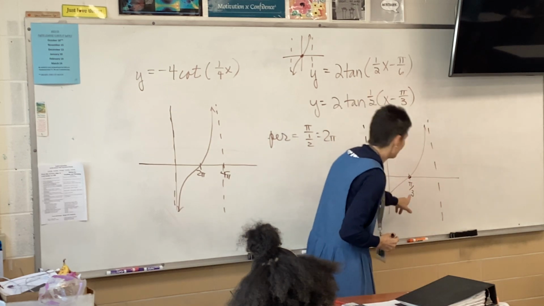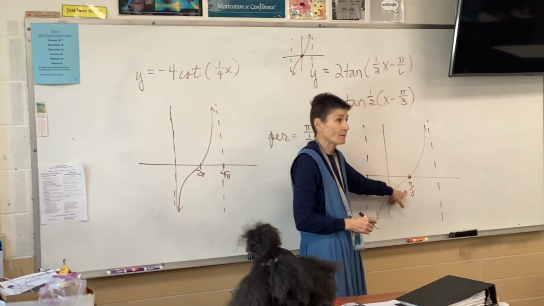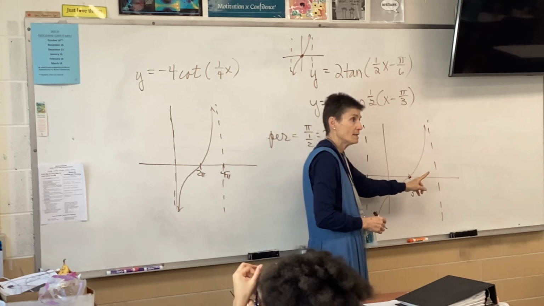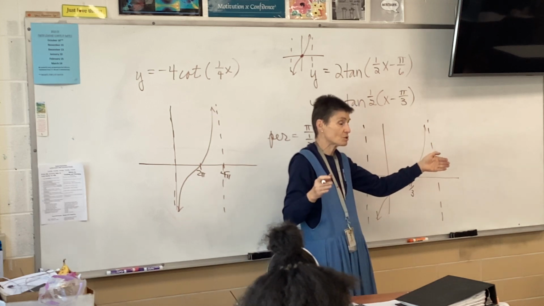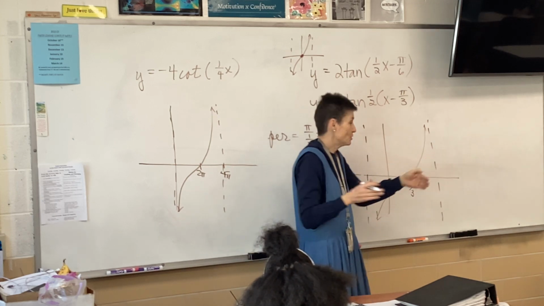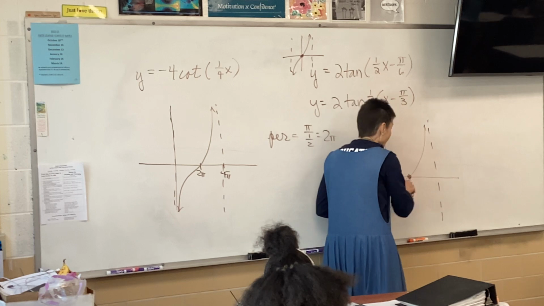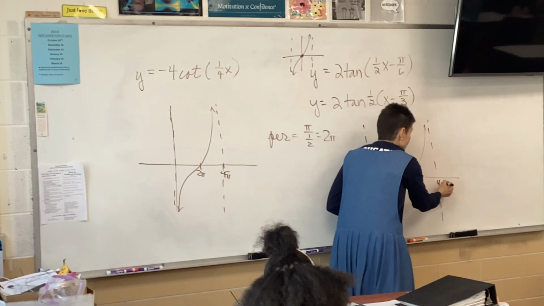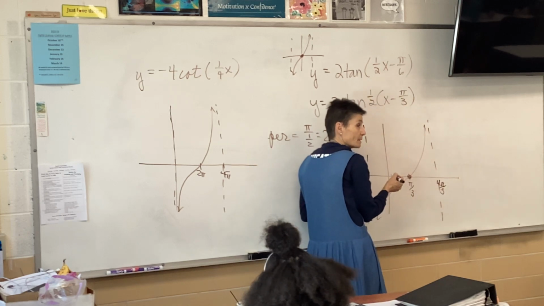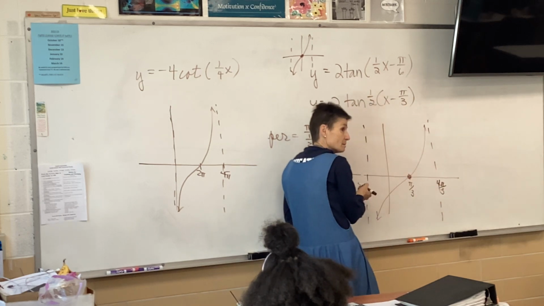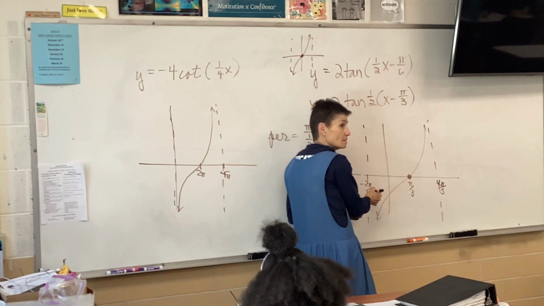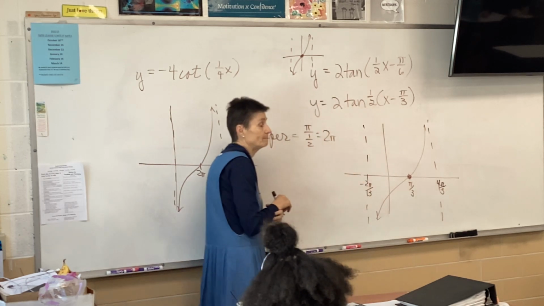My picture doesn't look too good, but that's the middle. So can we figure out what those asymptotes are if we know that the whole thing is 2 pi? Don't we just start here and add pi? So this would be 4/3. And then we subtract pi. So this would be negative 2/3. And you're done.